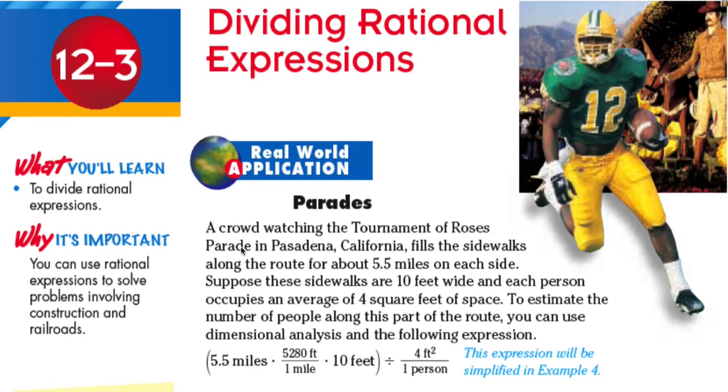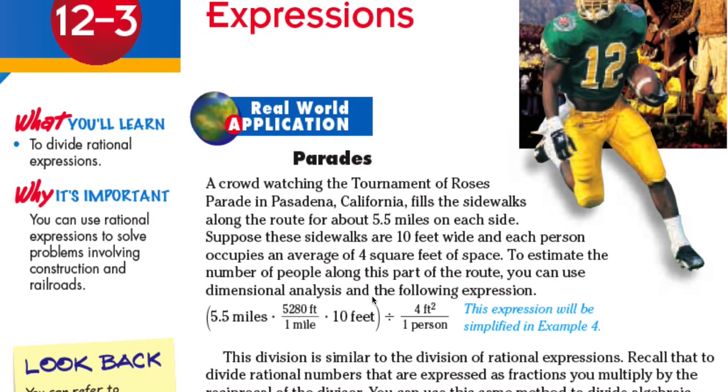In parades, a crowd watching the Tournament of Roses parade in Pasadena, California, fills the sidewalks along the route for about 5.5 miles on each side. Suppose these sidewalks are 10 feet wide and each person occupies an average of 4 square feet of space. To estimate the number of people along this part of the route, you can use dimensional analysis and the following expression.